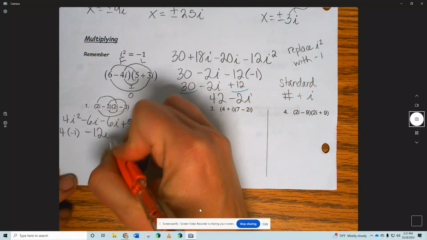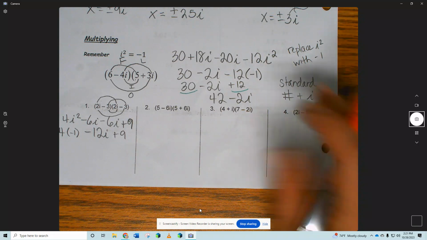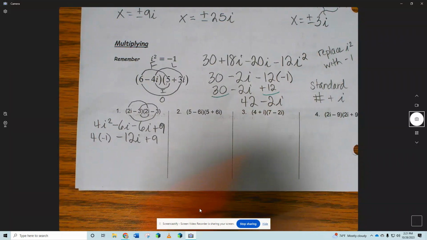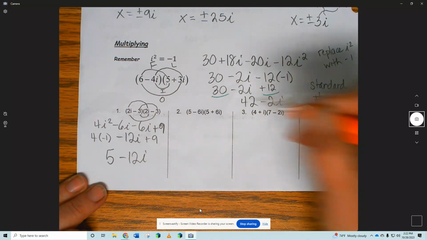Minus 12i. Put those together. The negative 6i and the negative 6i can go together and make negative 12i. All right. Negative 4 and 9 can go together. 5 minus 12i is the final answer.